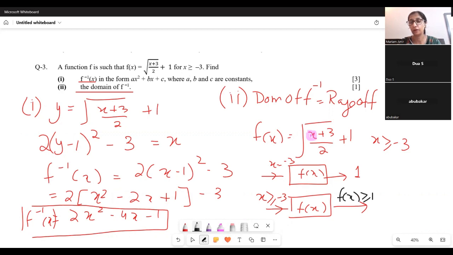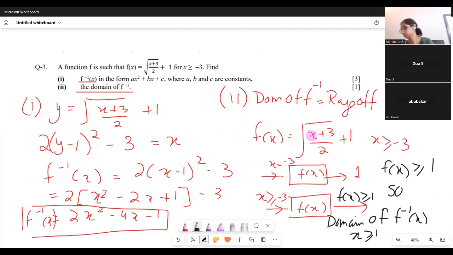So the range of f(x) is greater than or equal to 1. So the domain of f inverse of x is x greater than or equal to 1. Simple.